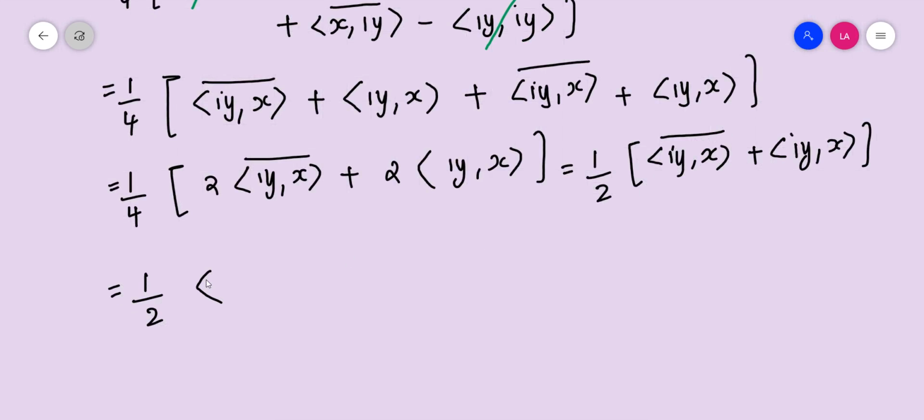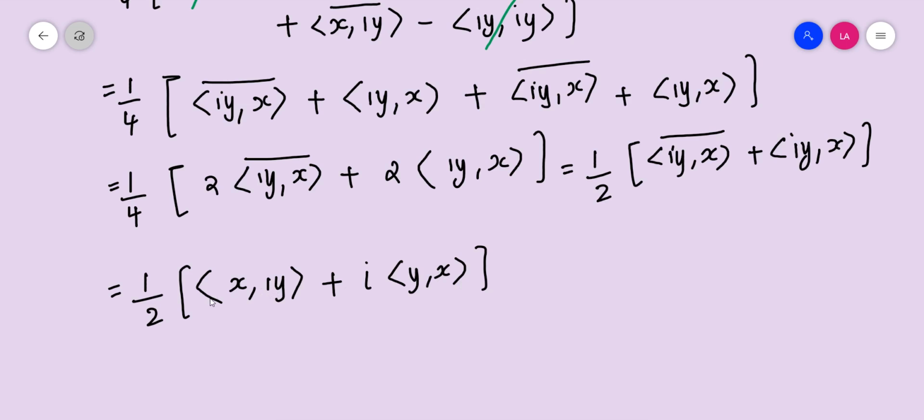inner product. The first part by definition should be equal to inner product x iy if you reverse it. And similarly, in the case of the first component, you can take i outside, so i times inner product yx, because inner product is linear with respect to the first component.